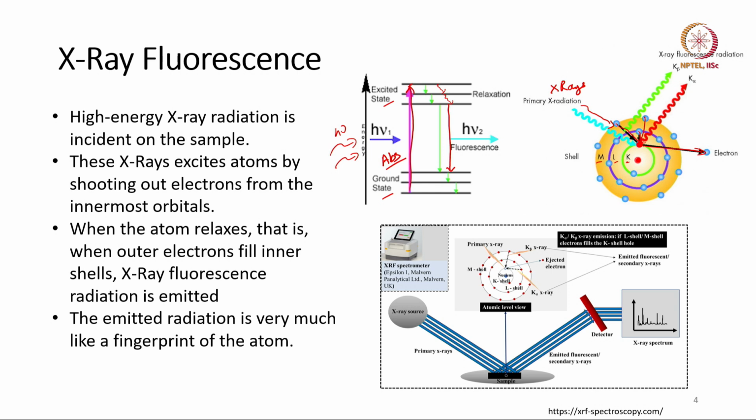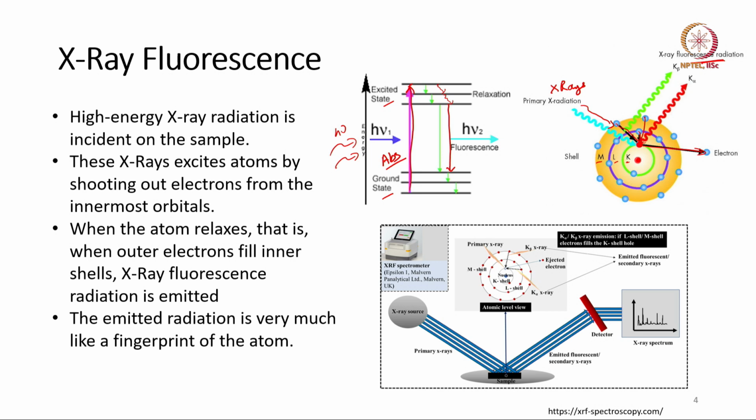During that, a secondary emission in the form of fluorescence is generated, which we record as secondary X-rays and detect. The secondary emission is very distinctive to that particular material, so it helps us identify what elements are there in our sample.